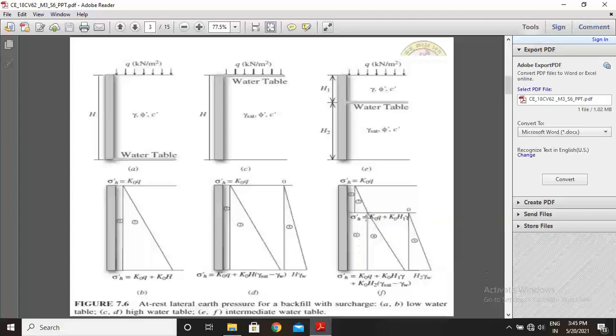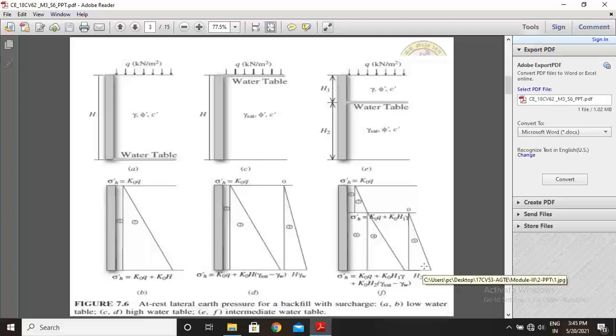that is due to H1 and H2 heights, the pressure distribution diagrams at the depth H2. This diagram is with respect to the H2 depth backfill, that is K naught into H2 into submerged density, that is gamma saturated minus gamma W. And this diagram is with respect to water pressure, that is H2 into gamma W, because H2 height into unit weight of water.